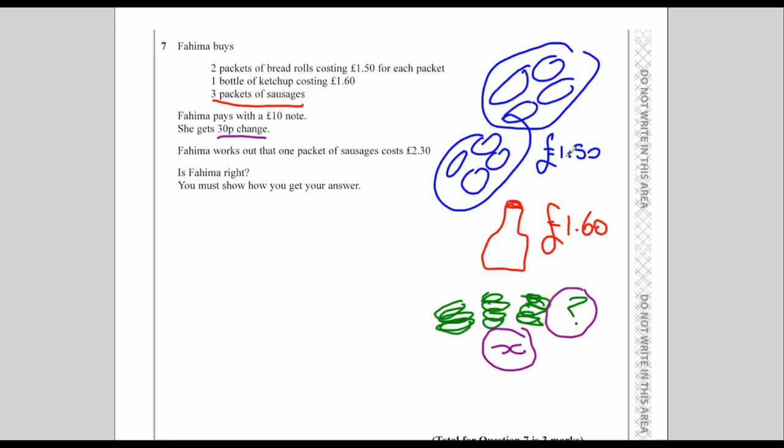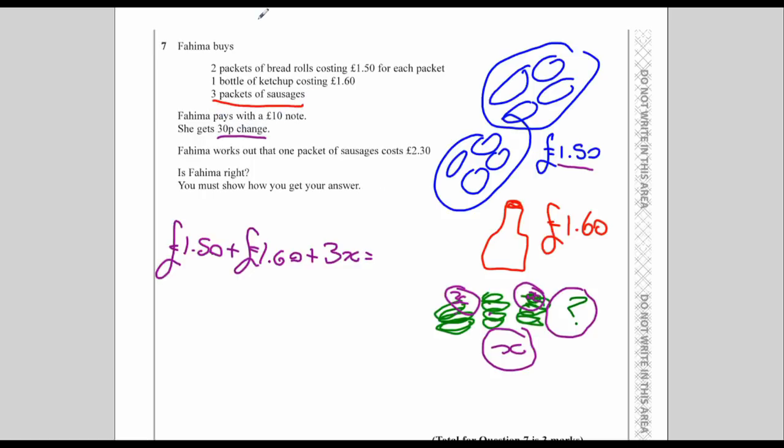So £1.50 plus £1.60 plus x, but if 1 packet of sausages was x, we've got 1, 2, 3. So 3x, and that gives us how much she paid.